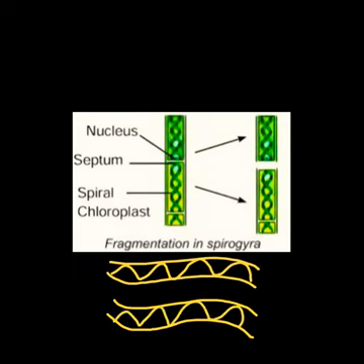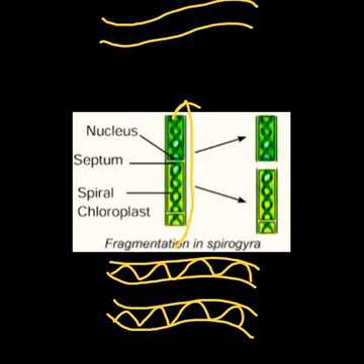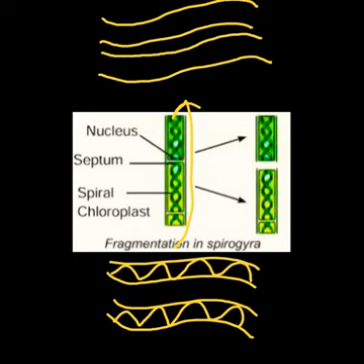In sexual reproduction, these two Spirogyra join together like this. This is one Spirogyra to which another Spirogyra joins. Okay, and they join their bodies together like this, by forming a bridge between the two Spirogyra.